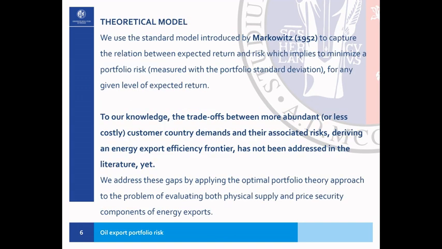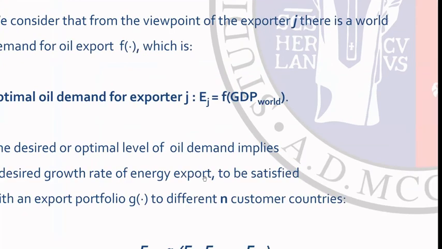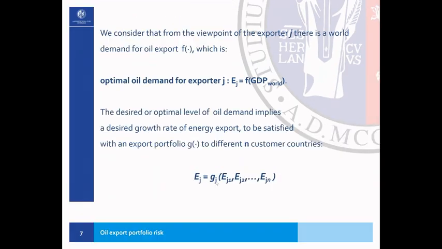So the model is a background that we all know, and I apologize for the elementary nature of what I'm saying. Optimal demand of export is a function of world GDP. For each country, as you can see, total export is a function of the exports to the J partners, those who are customers.